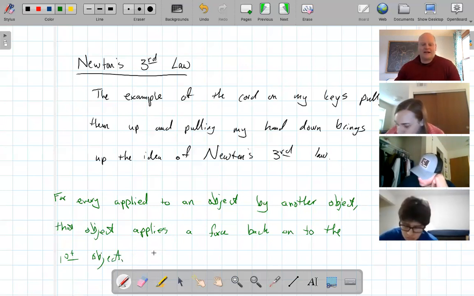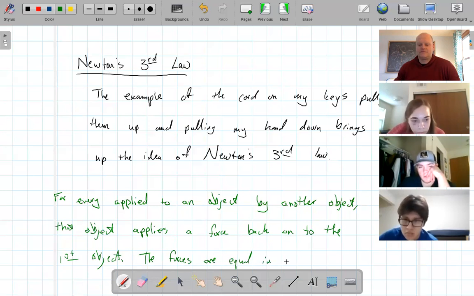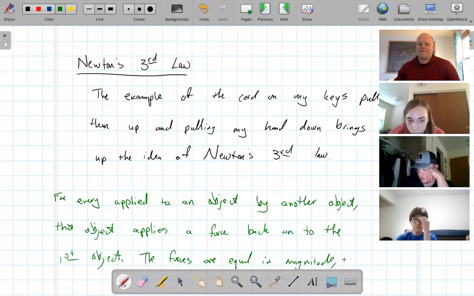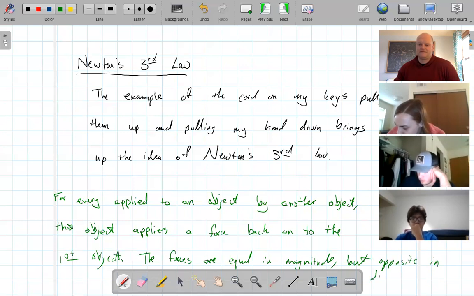But then here, it also goes on to say that the forces are equal in magnitude, but opposite in direction. So this is Newton's third law.